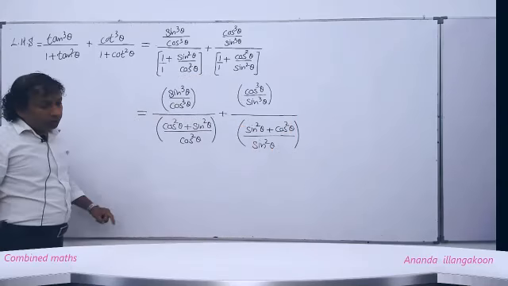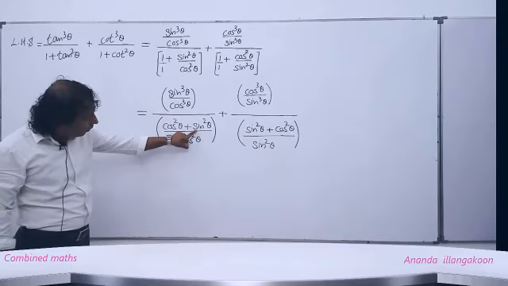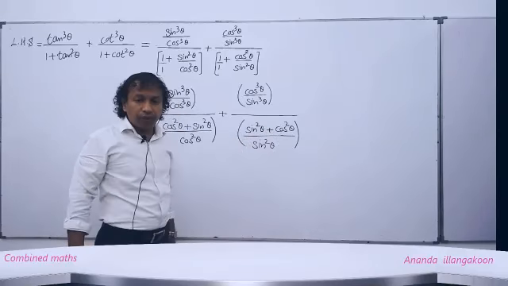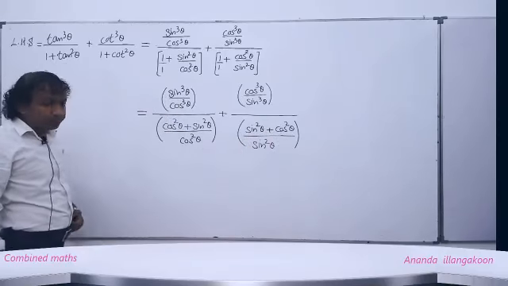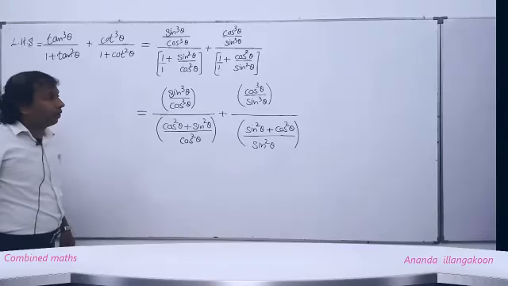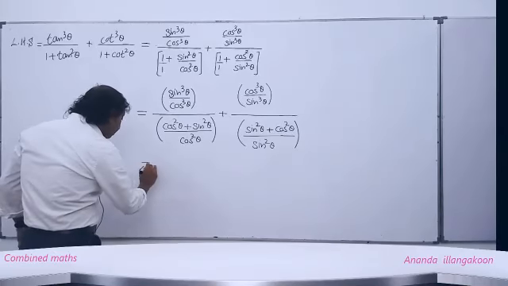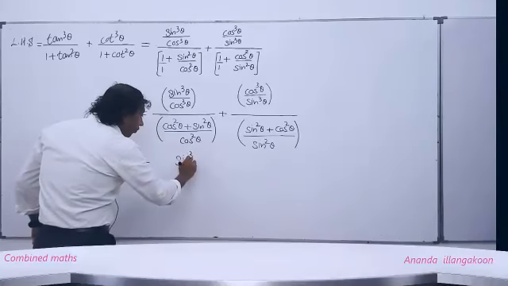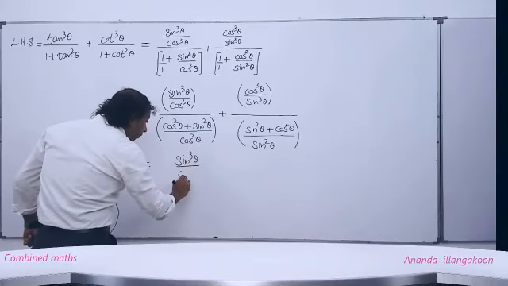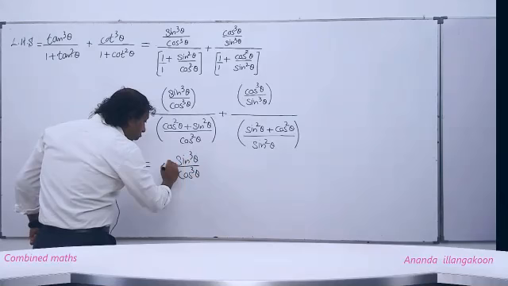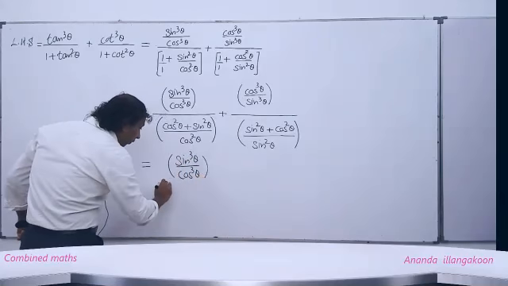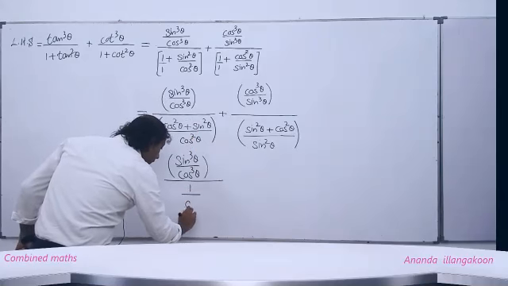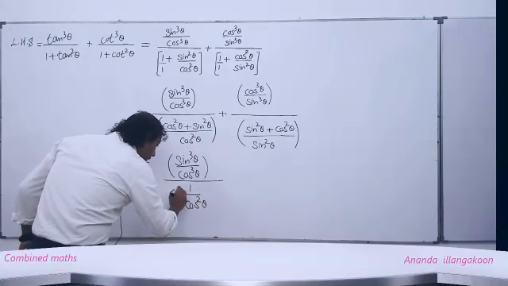Now people, this cos squared theta plus sin squared theta is 1. Here also sin squared theta plus cos squared theta is 1. Then we can put 1 for them. Okay, right. So then what do we get there? Sin cube theta divided by cos cube theta, whole thing divided by 1 upon cos squared theta.